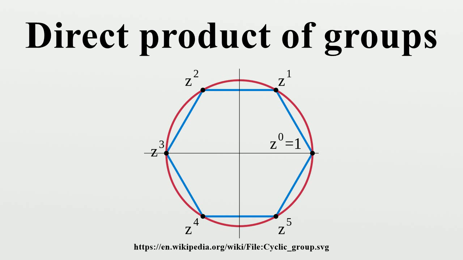Subdirect products. If G and H are groups, a subdirect product of G and H is any subgroup of G times H which maps surjectively onto G and H under the projection homomorphisms. By Goursat's lemma, every subdirect product is a fiber product. Fiber products. Let G, H, and Q be groups, and let phi, G to Q and chi, H to Q be homomorphisms.